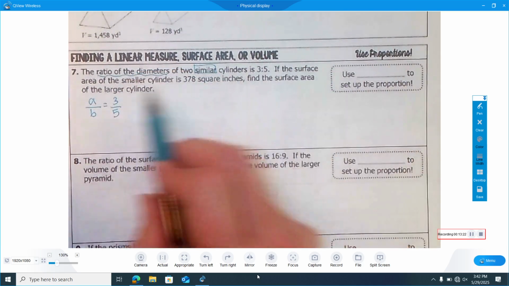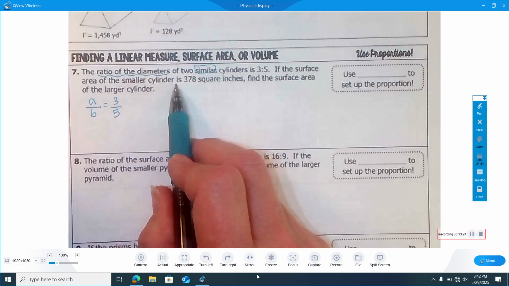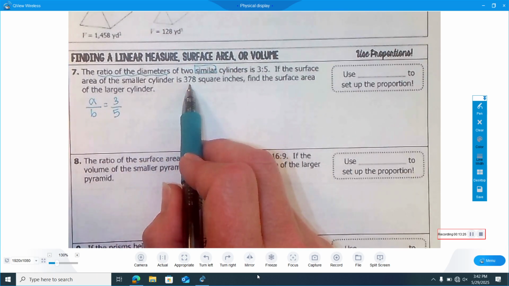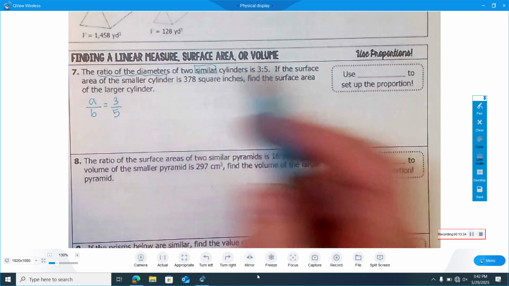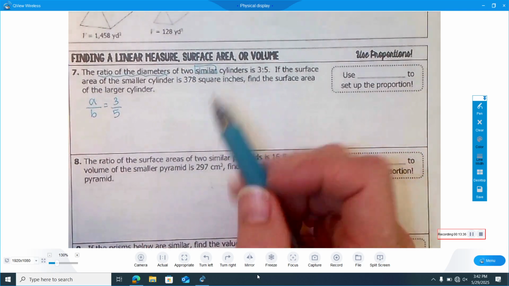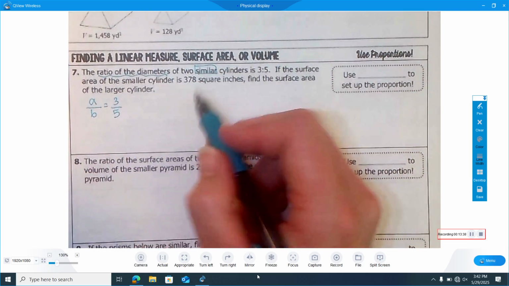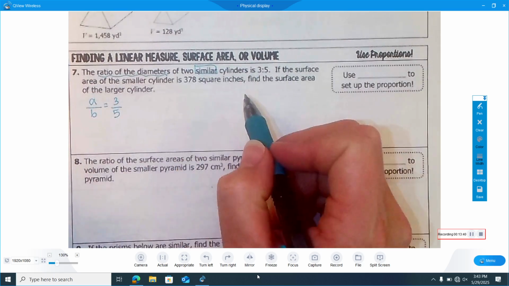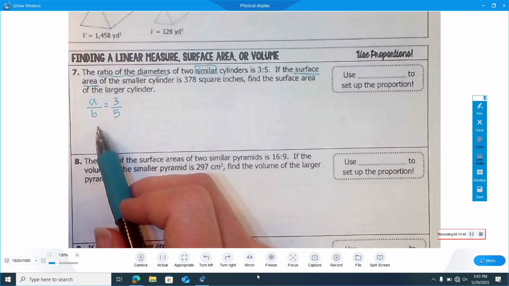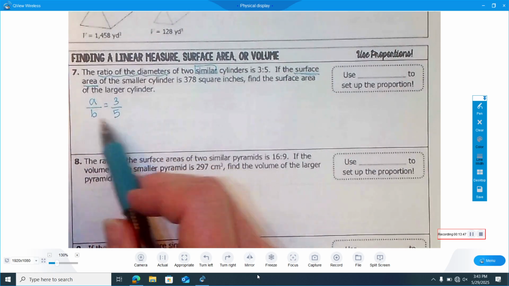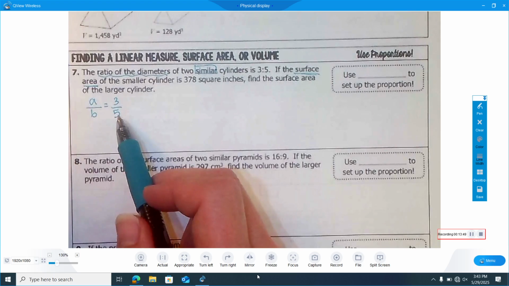If the surface area of the smaller cylinder is 378 square inches, find the surface area of the larger cylinder. It's all very interesting. So we have this scale factor, and I have information about surface area. So what I need to do is figure out how this is going to scale to become surface area.